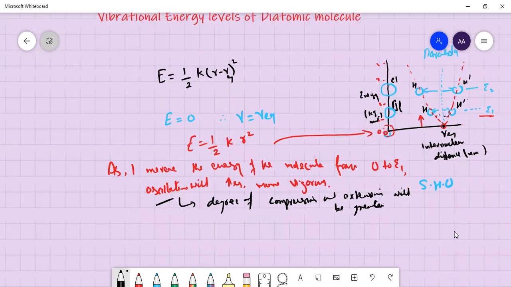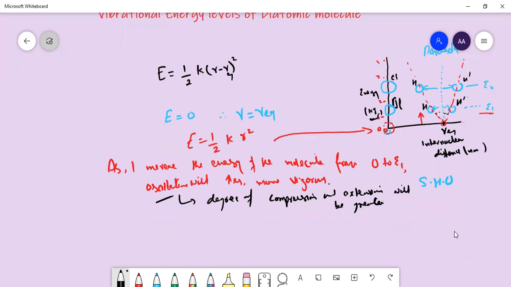But one thing we should keep in mind is that when there is an increase in the oscillation of the molecule, there will be no change in the vibrational frequency of this diatomic molecule.